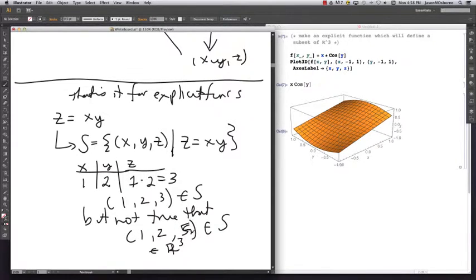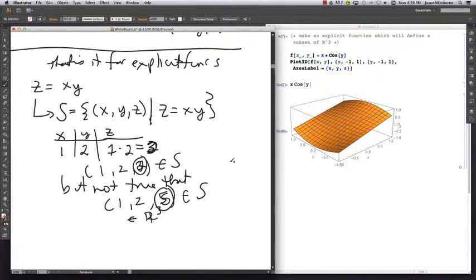But for it to be in the set S, this third value has to be the first value times the second value. I'm sorry, 1 times 2 is 2. I don't know what I was thinking about. 1 times 2 is 2. So the only way you can get this number to be the first times the second is for the z value to be 2.